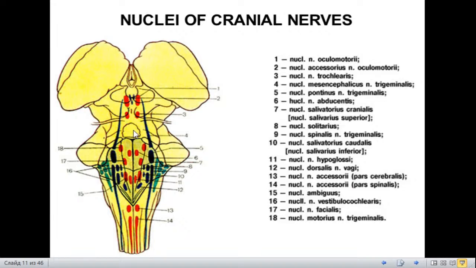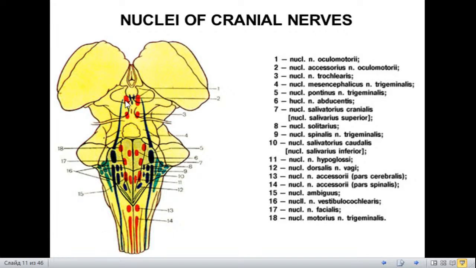Then the fifth cranial nerve has two nuclei, motor and sensory. The motor one is found in the pons and projects to the upper trigone of the rhomboid fossa in fovea cranialis. And the sensory nucleus is quite strange. It has three parts. It is a very long nucleus.